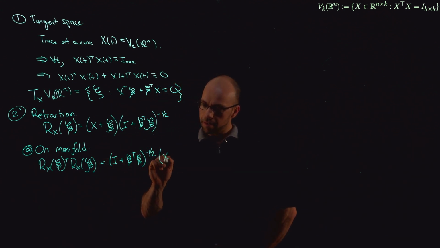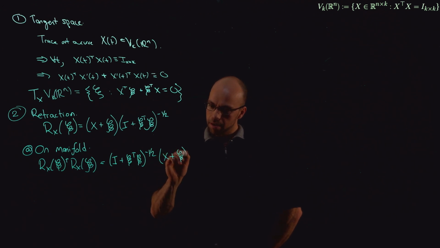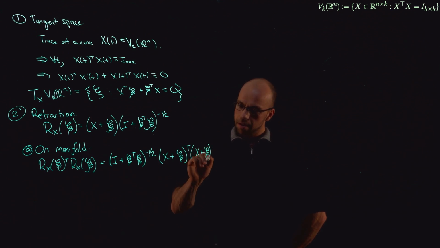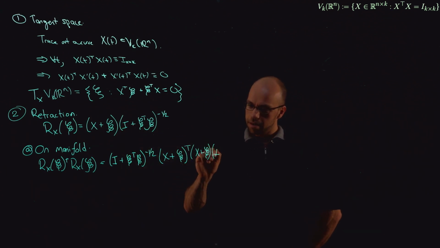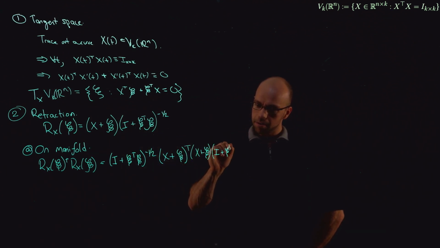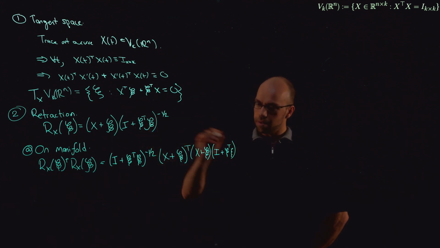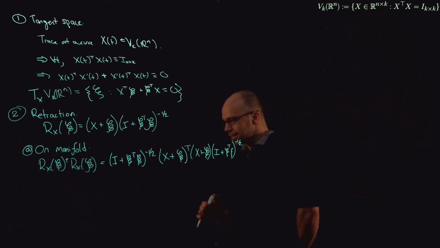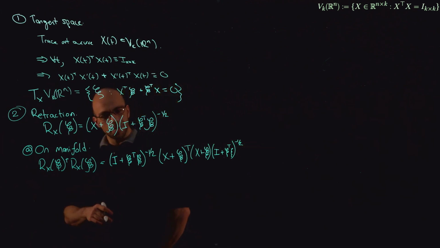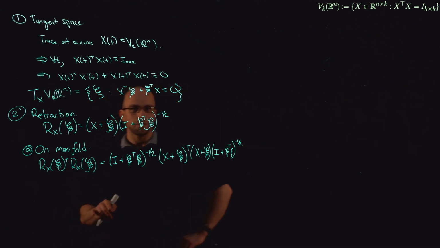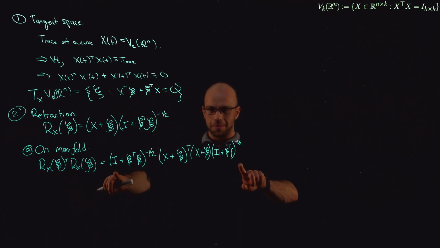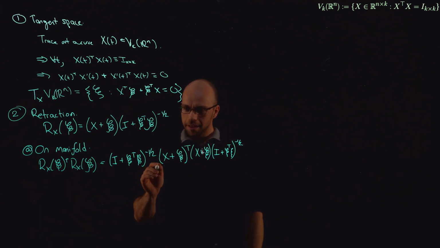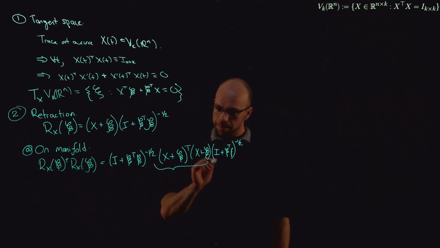So now we have x plus Xi transpose times x plus Xi times I plus Xi transpose Xi to the minus 1/2. Initially it looks like we're in trouble, right? There are 4 terms here. These two don't have a square root in them. But here's the thing. Let's say that I expand the square here.